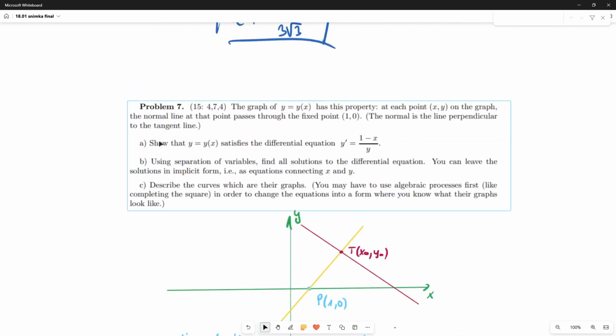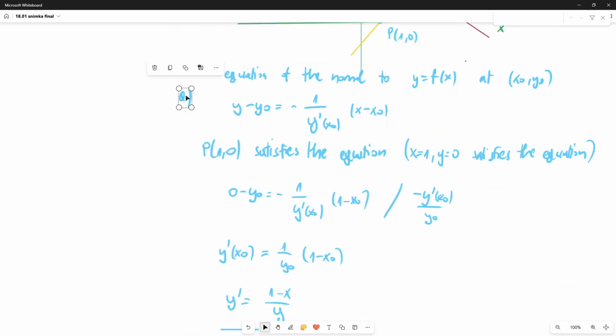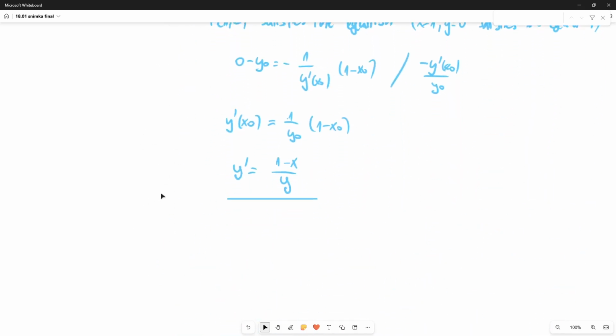Now that we've solved A, we can solve B using separation of variables. For that, we will write down dy over dx instead of y prime. Everything that deals with y will be on the left hand side, and everything that deals with x will be on the right hand side.